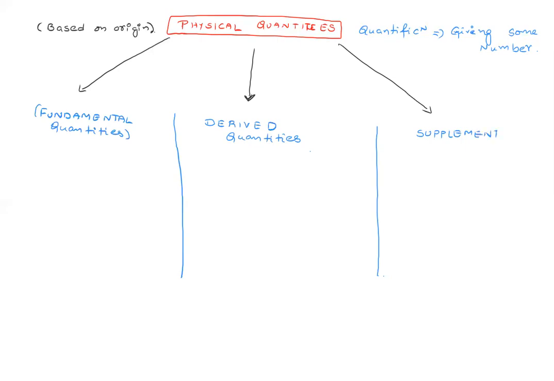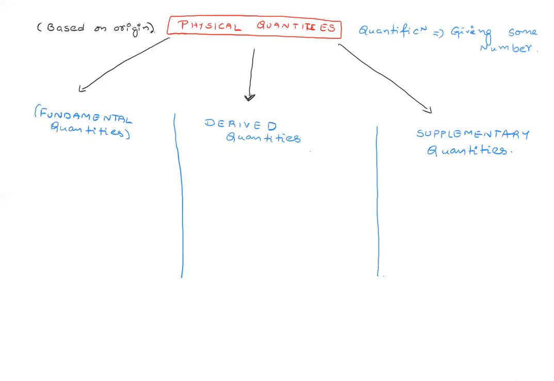So you have three types of quantities based on origin, which means how they are originating: first fundamental, second derived, and third supplementary.